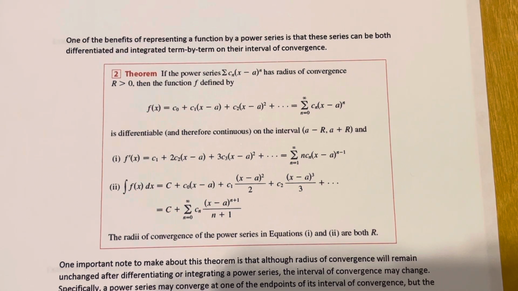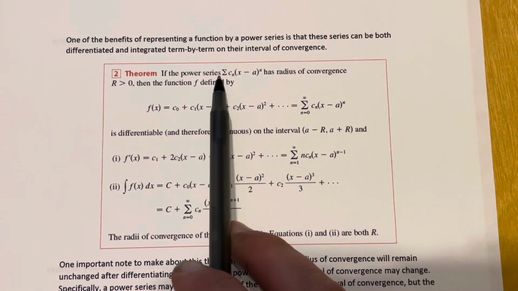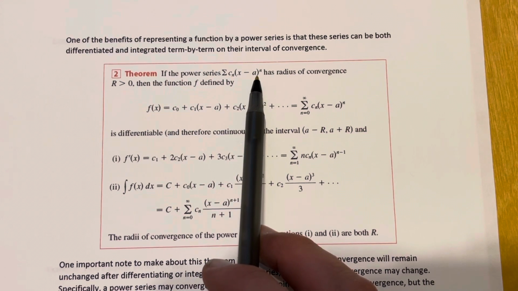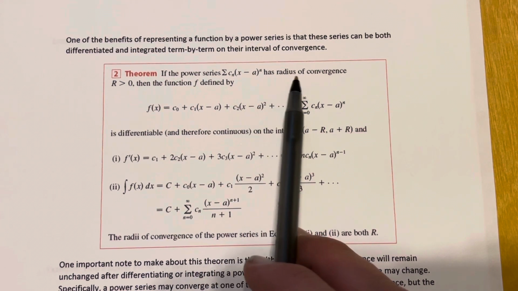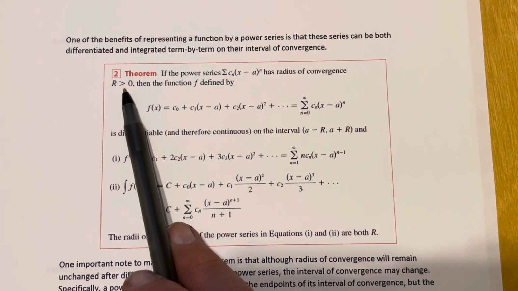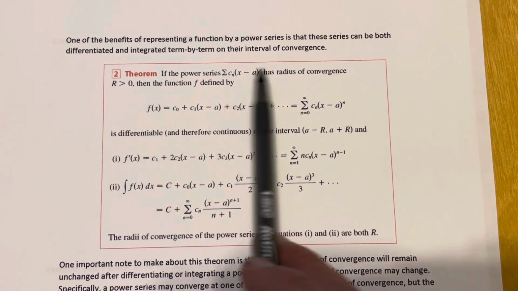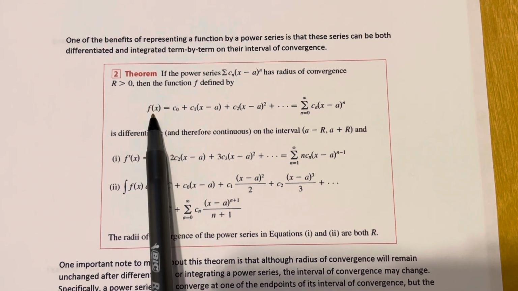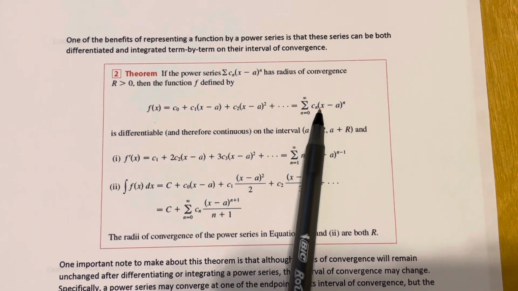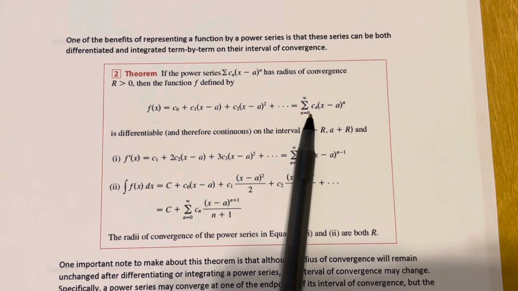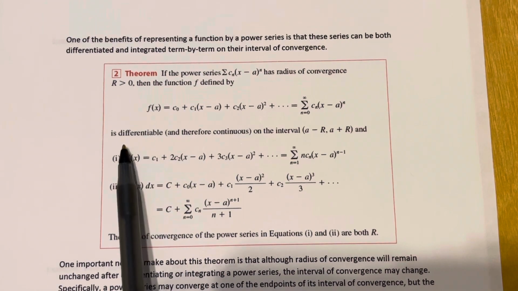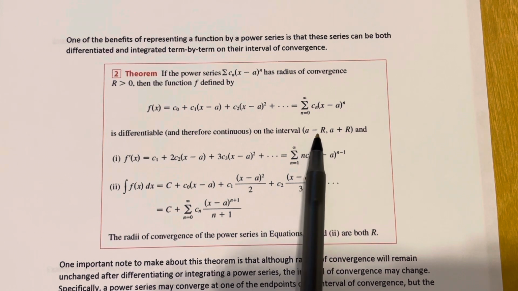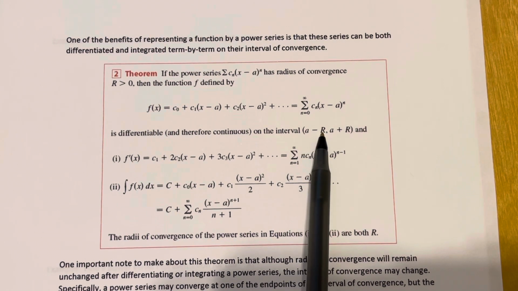So basically what this theorem says is, if you have a power series, and here's one of those very general power series, this one is centered at a, and if we have a radius of convergence that is greater than 0, which means it converges for more than just one value, then the function f of x, defined as the function equal to that power series, in other words a power series representation for that function, is differentiable, which implies that it's continuous, on the interval a minus r to a plus r.